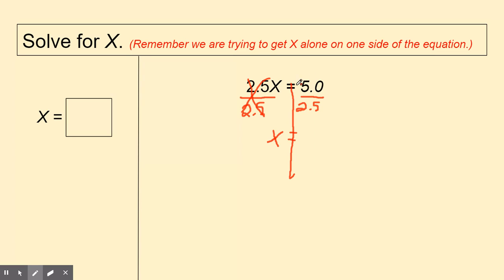And now we just need to divide. 5 divided by 2.5. How many times does 2.5 go into 5? 2.5 goes into 5 2 different times. So we would know x would equal 2. So this one, we had multiplication, so we used the opposite, which was division.